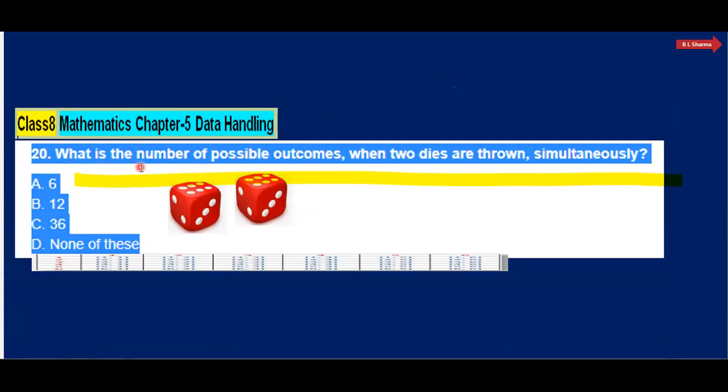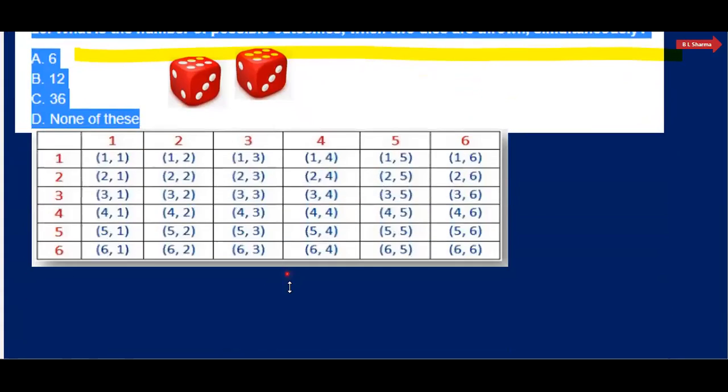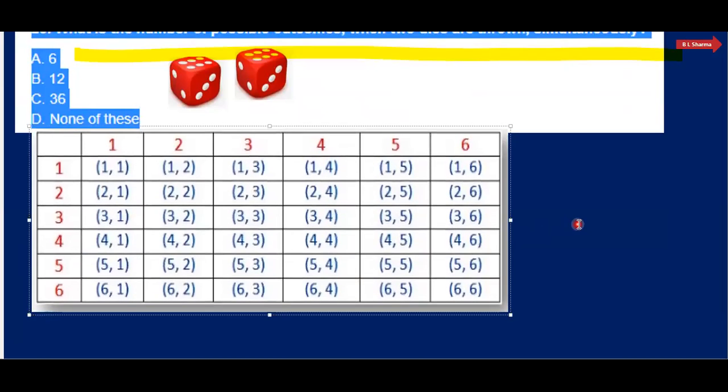Next question, what is the number of possible outcomes when two dice are thrown simultaneously? When we throw two dice together, what is the sample space? What is the total possible outcomes, students? See here, that is 36. On the first die it can be 1, then on the second it can be 1. Then 1, 2, 1, 3, that is on the first, and this is on the second die.